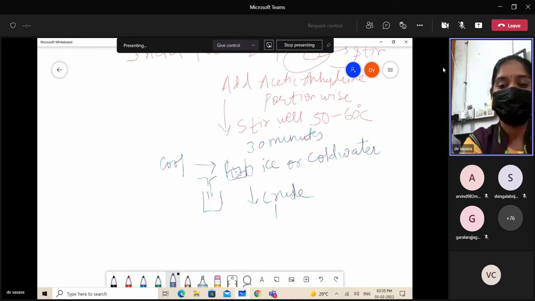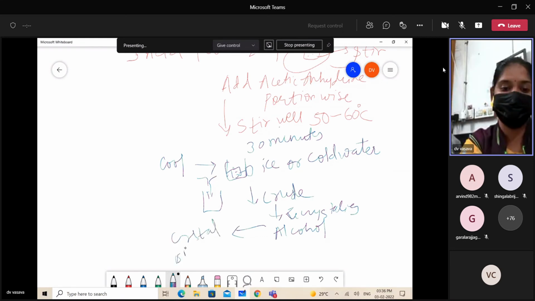Then you have to do the recrystallization. That recrystallization can be done in alcohol and you will get your crystals, the product.